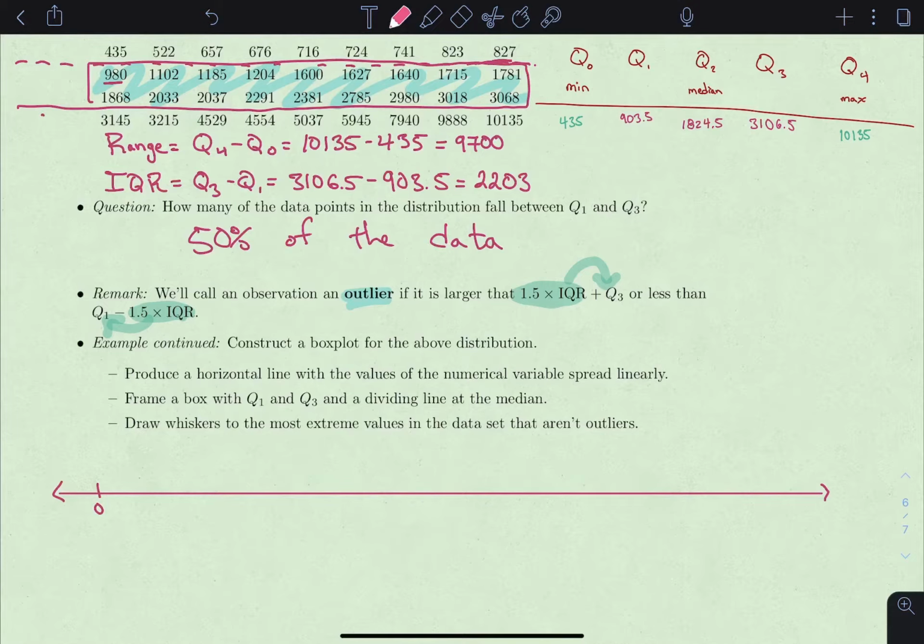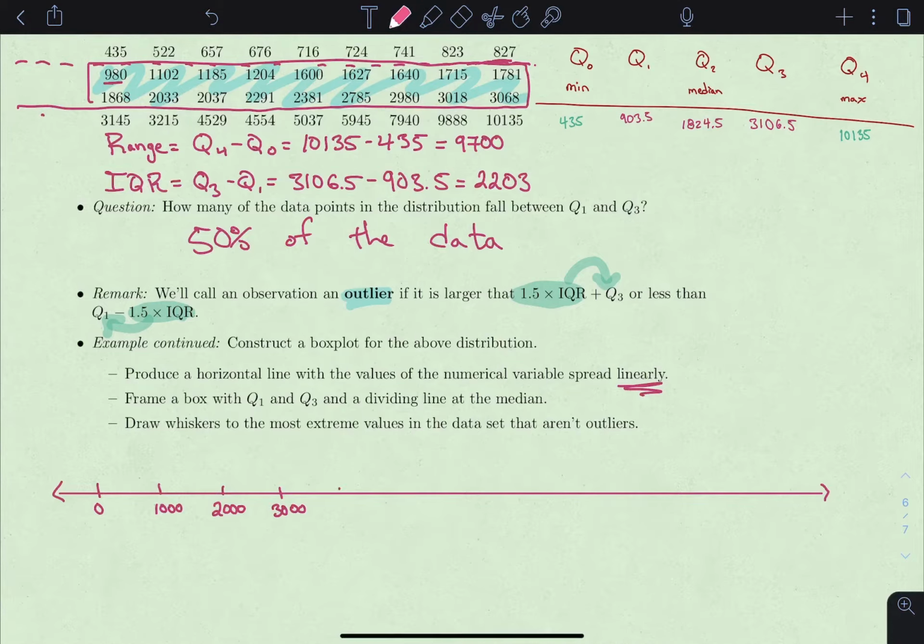So if we start with a 0 here, and we put a 1,000 here, what the linear bit about this means is that this next tick mark has to be 2,000, because we've already determined that this distance is represented by 1,000. So every tick mark has to be worth 1,000.